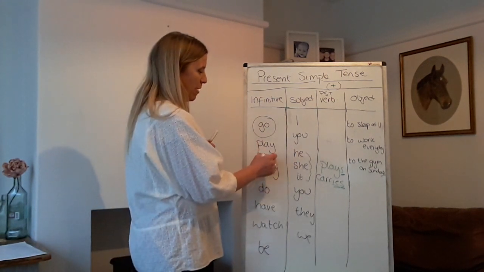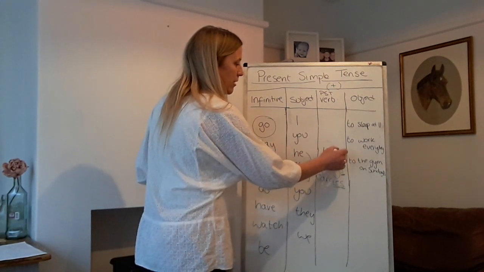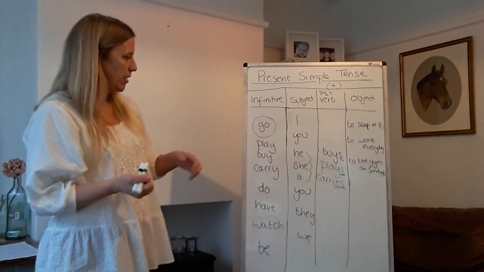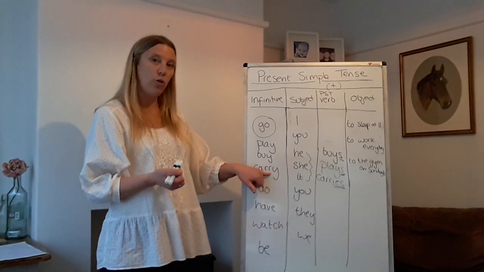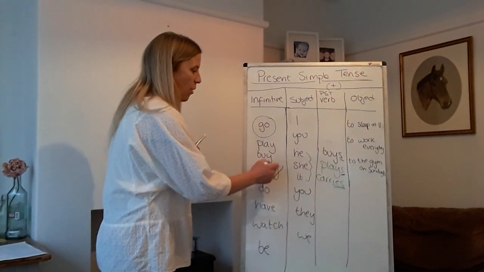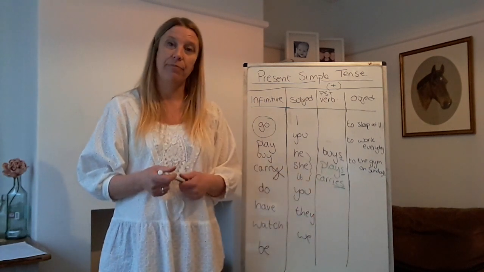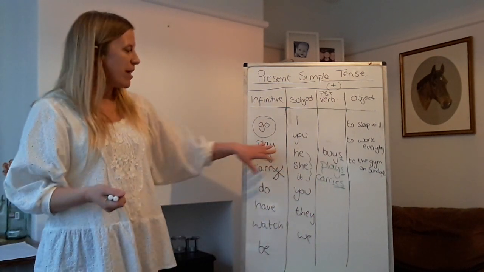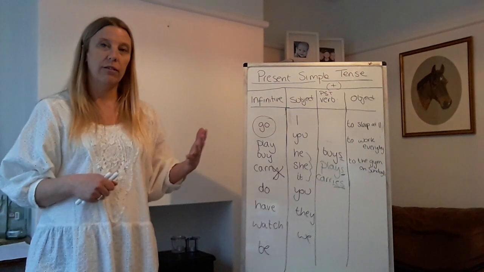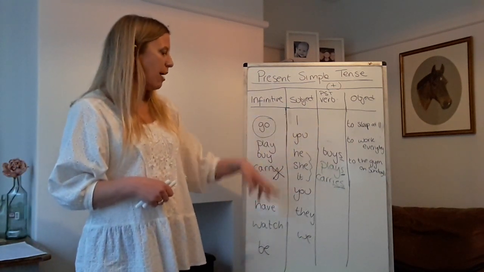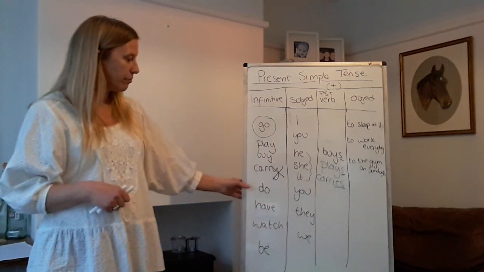Buy would be the same, that would be buys. But if there's a consonant before the Y, we remove the Y and we put IES. Remember that's for he, she, and it. But this would be I play, you play, I carry, you carry, they carry, we carry.